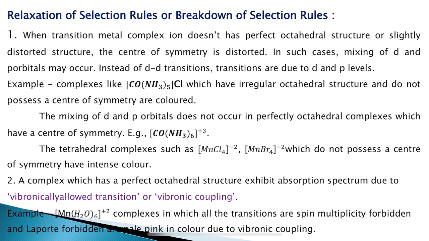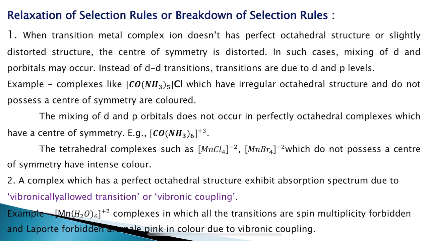And the next topic we discussed was forbidden transition. For an electronic transition to occur, that is, from ground state to excited state, the electron should possess the required characteristics. What are the required characteristics?